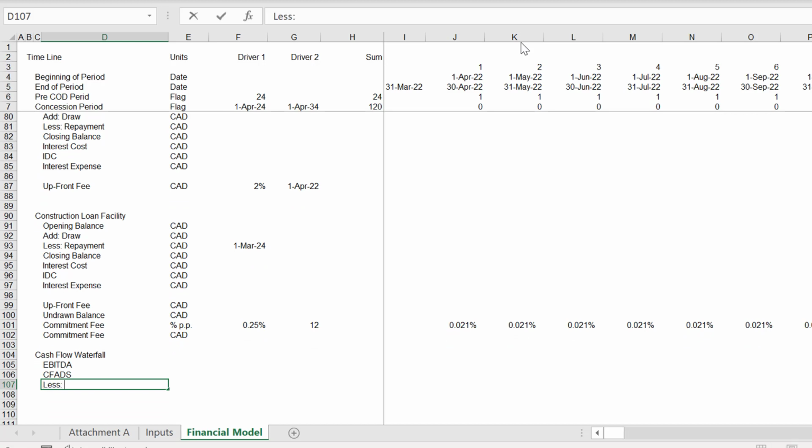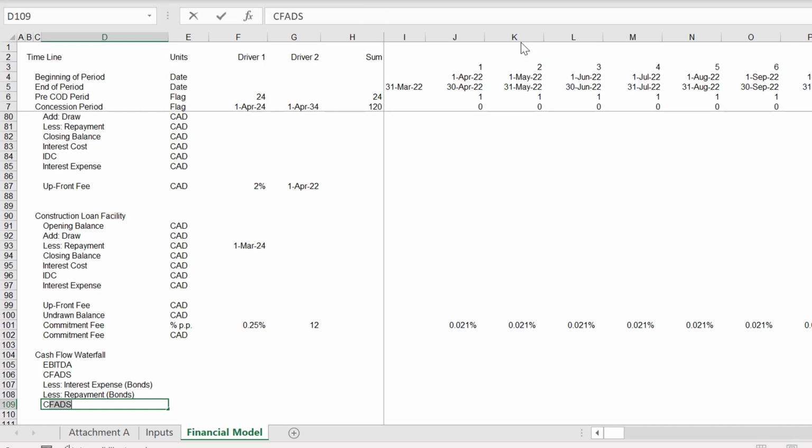And then you can put less the interest expense. And this is really on the bonds because we will have paid back all of this. This is only after the COD, and we'll put less repayment. And we'll put that on the bonds too.